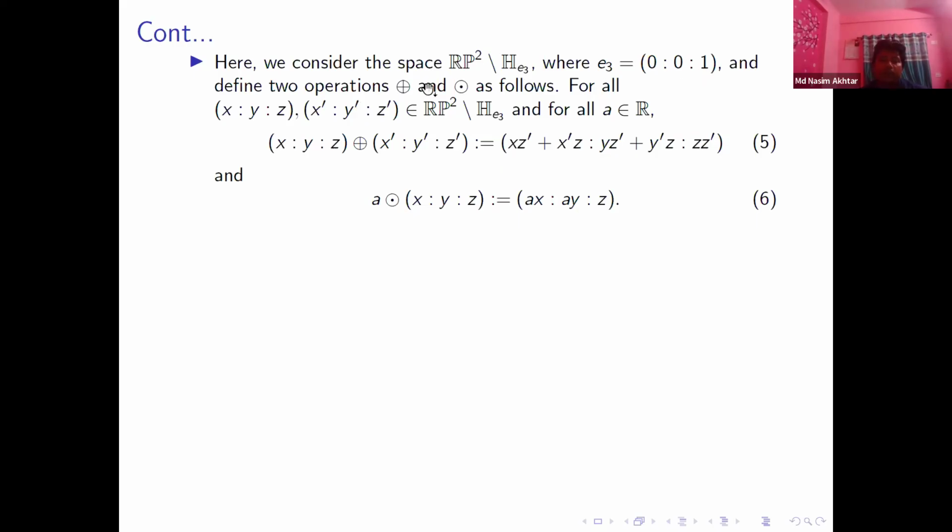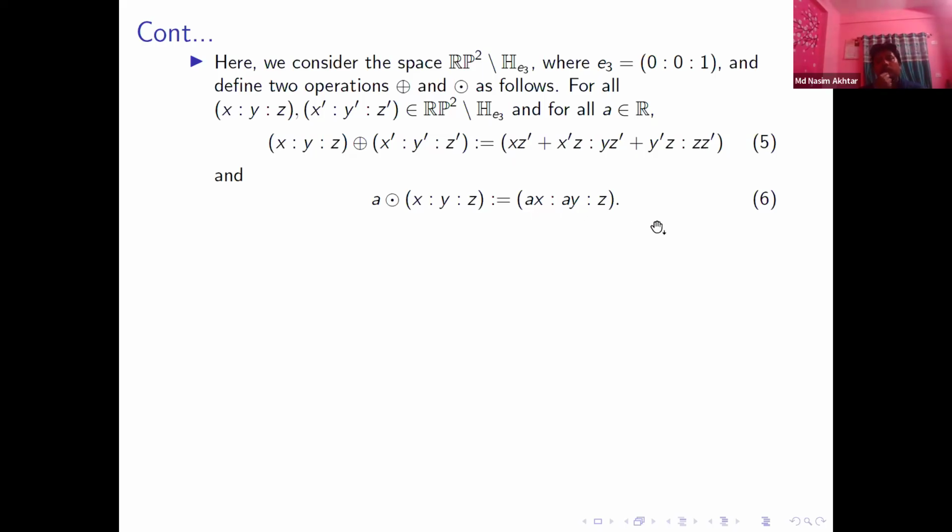and we have defined two operations, plus and dot, as follows: for (x, y, z) and (x', y', z') belonging to RP2 minus HE3, and for all a belonging to R, one can define (x, y, z) plus (x', y', z') equals (xz' plus x'z, yz' plus y'z, zz'), and a times (x, y, z) is nothing but (ax, ay, az).